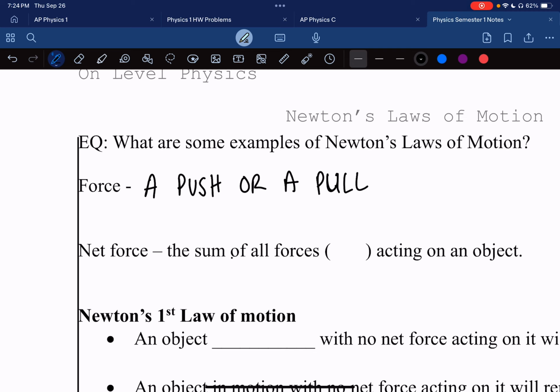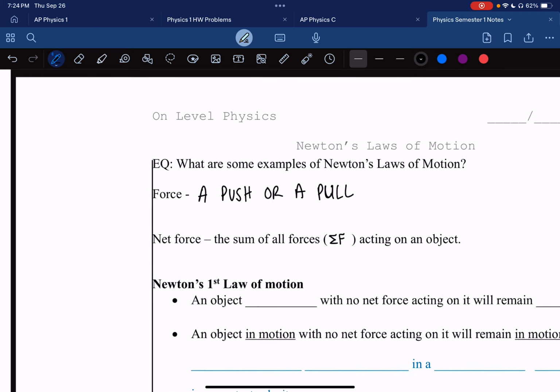And really it means the sum of all forces, which we will write as sigma F. Sigma just means the sum, and F means the forces. The sum of all forces acting on an object.